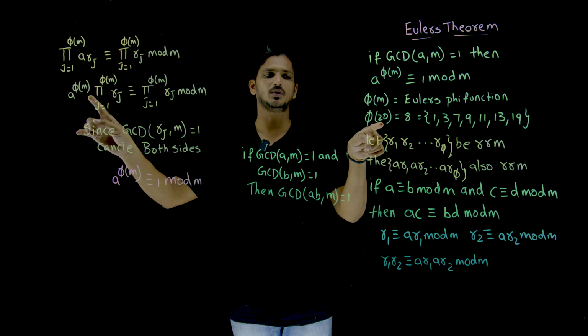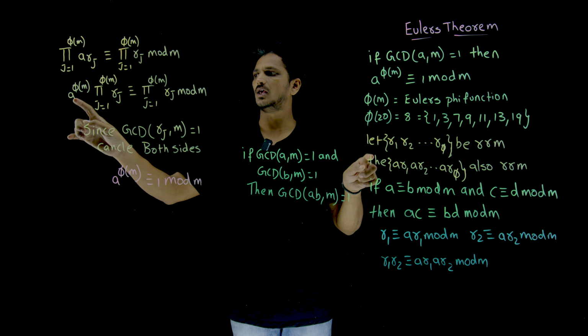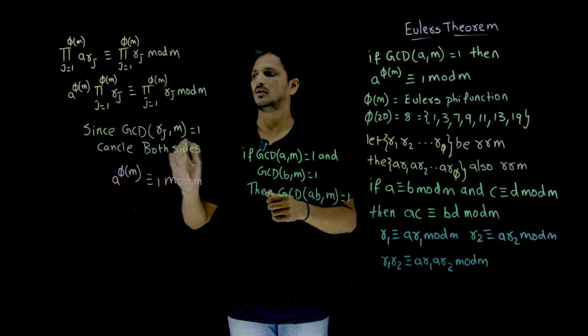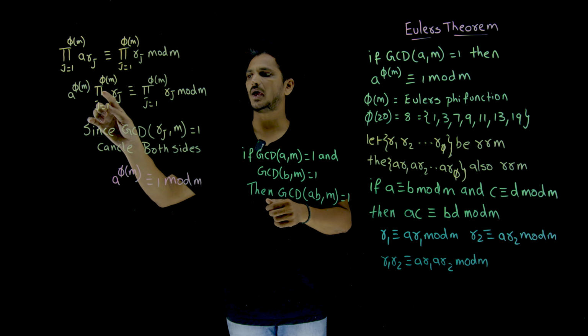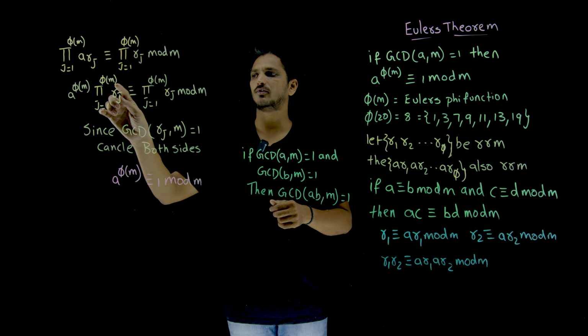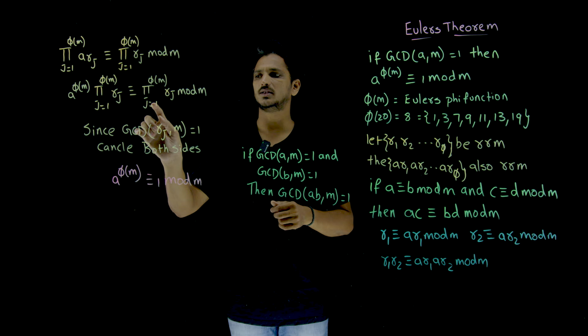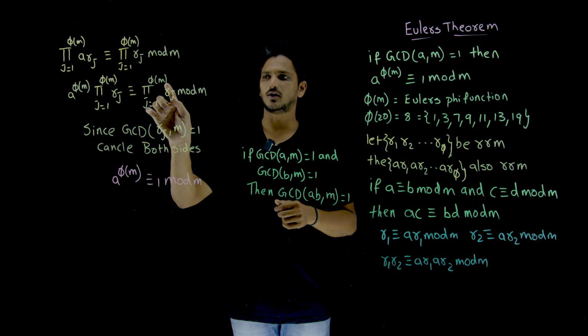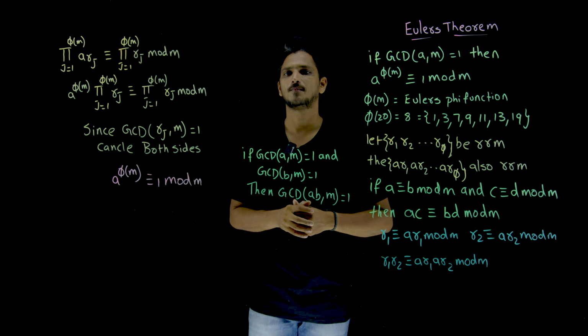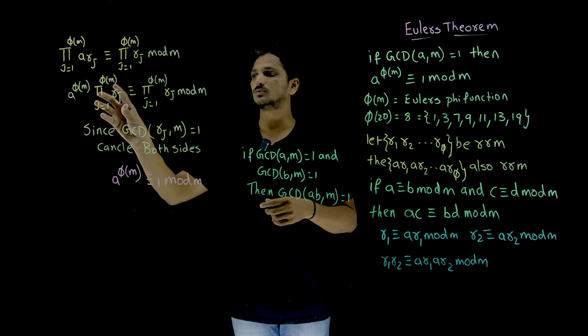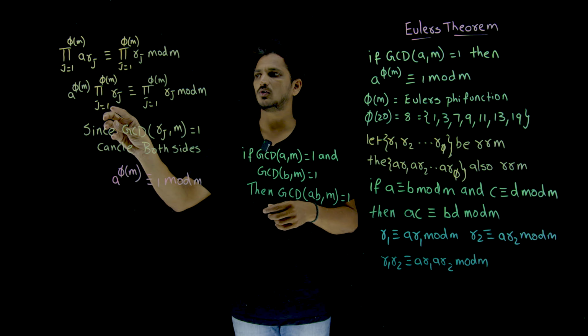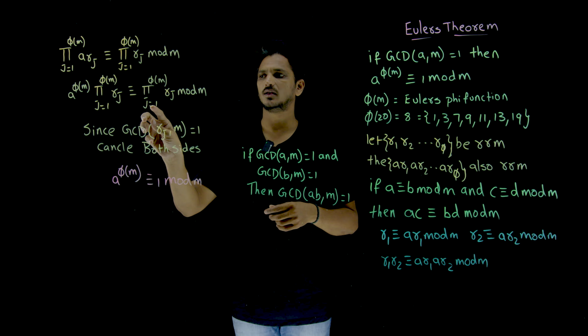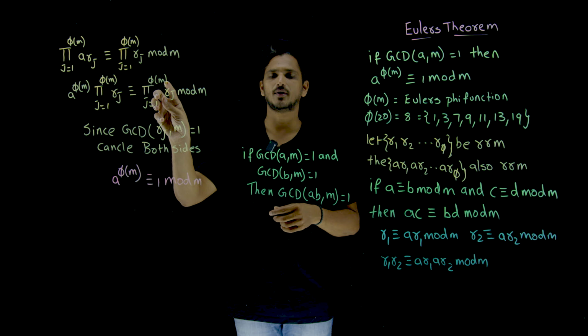Here from this example, phi of 20 means 8. A power 8. So if you remove A outside, A power phi m times pi j equal to 1 to phi of m, Rj is congruent to pi j equal to 1 to phi of m, Rj mod m.